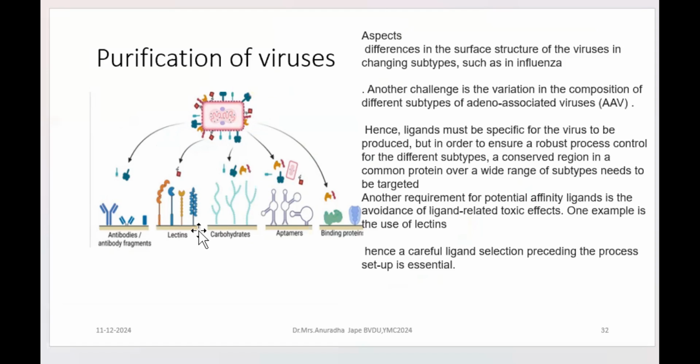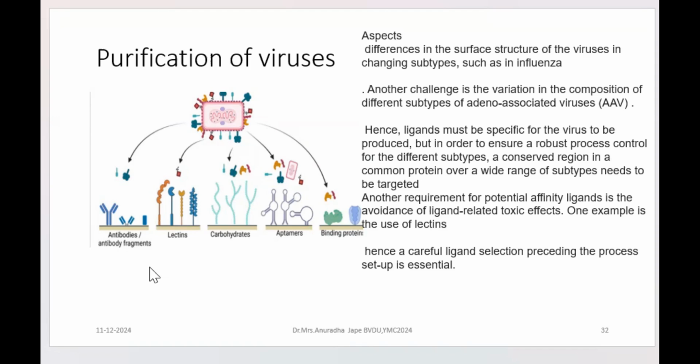You can use a chromatography column where antibodies are used, or you are going to use lectins, carbohydrate based support matrices, or you may use aptamers. We have seen what they are and how they function in the previous lecture, so I'm not going to repeat that. And of course, binding proteins could be another strategy to prepare the support matrix based on affinity principle.